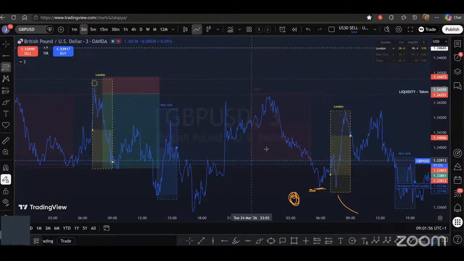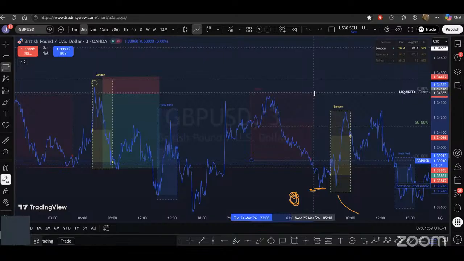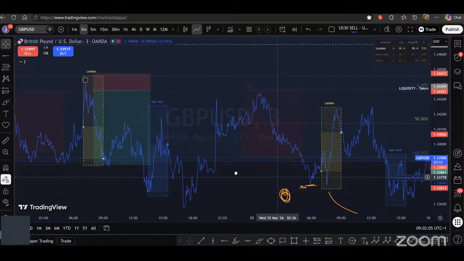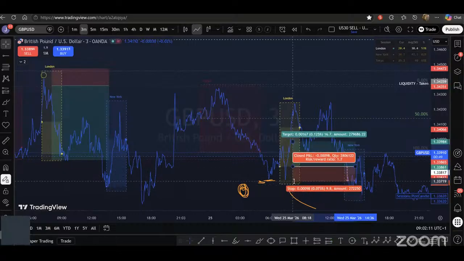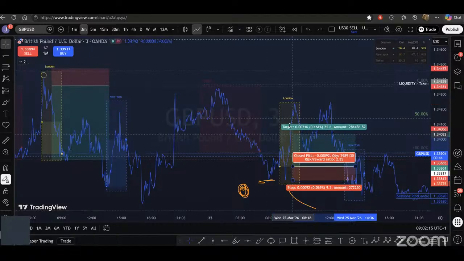So say for argument's sake here, we pull out our 50% of the Asian session range. We know that this market's going to violate early. So there's an opportunity here, trade on a 1 minute time frame or wherever, let's imagine, to get some sort of entry in here. And my target would be, because the overall market is bearish, 50% of that Asian session range.